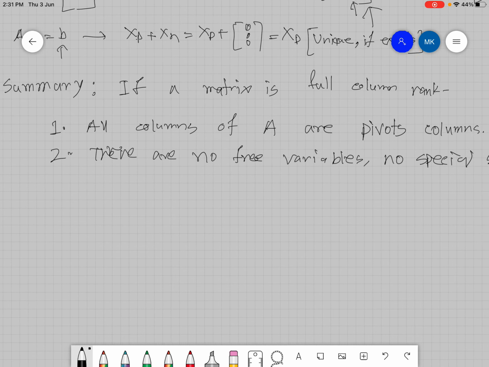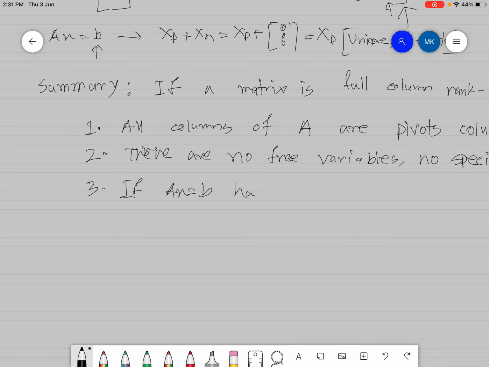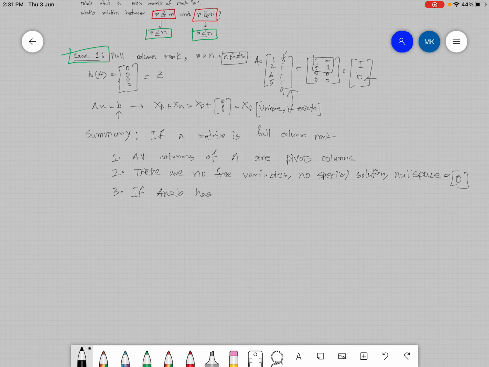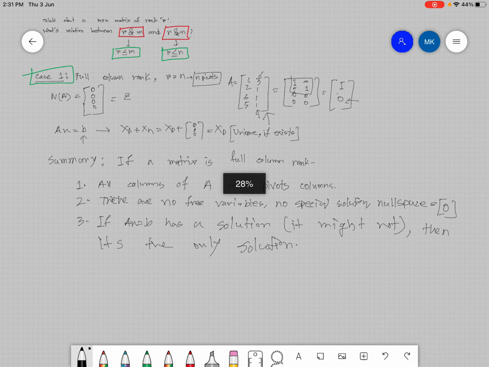Okay, and the last point is if Ax equals to b has a solution, though it might not, then it's the only solution. Okay, so this is the summary for case 1.